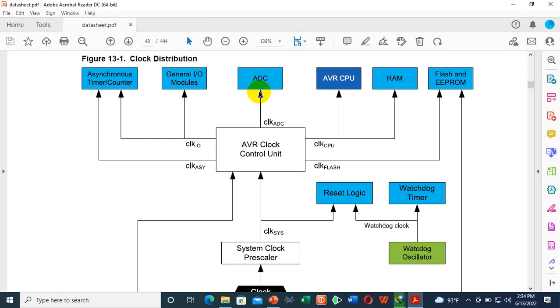For the ATmega328P, they use a 10-bit ADC, so they have a resolution of 1024, which is 2 to the 10. They sample this analog voltage at a certain frequency.